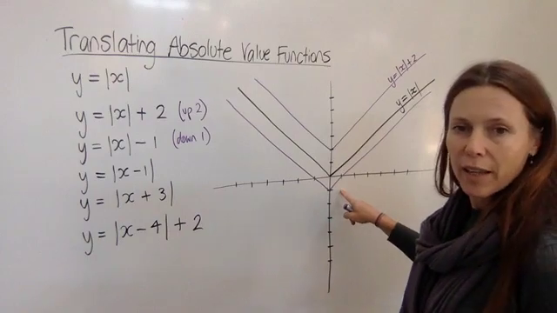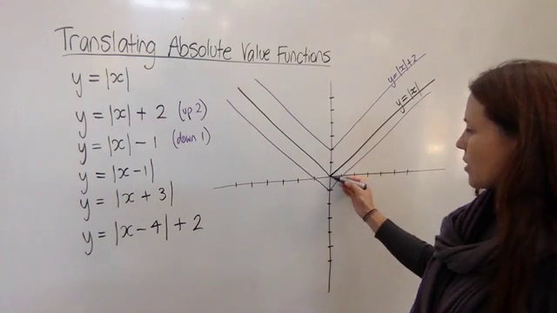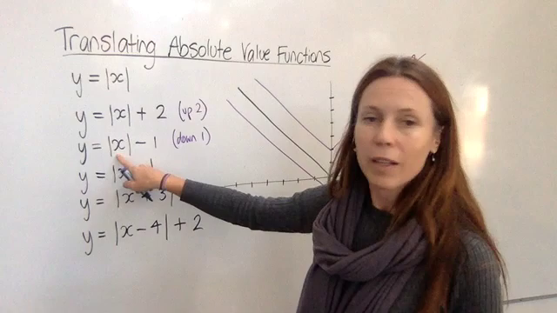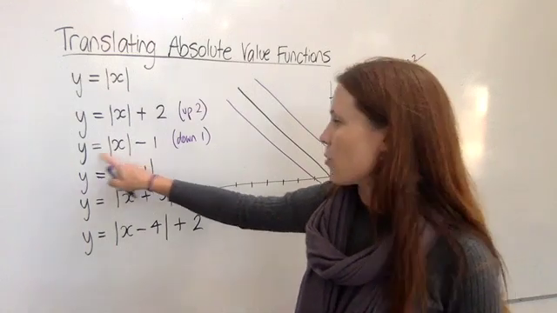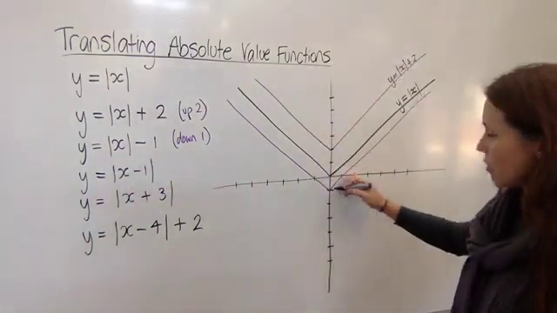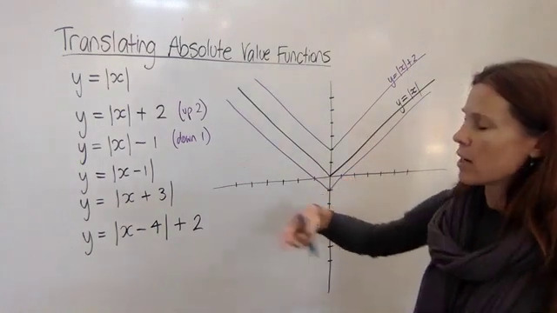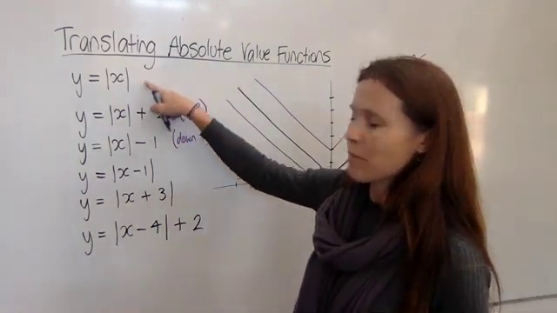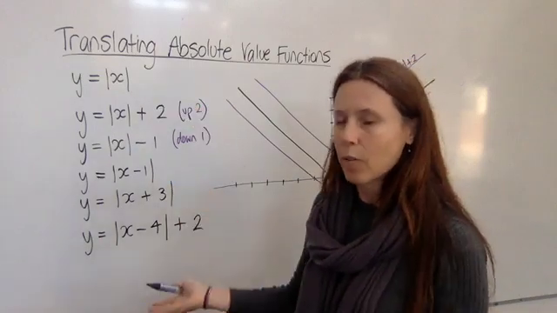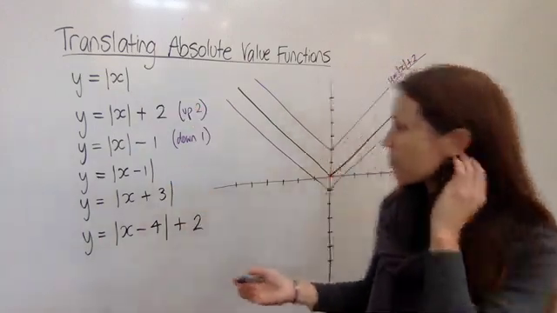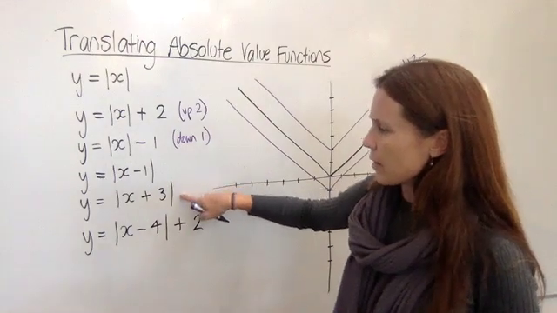And to work out that it can, let's sub in a value, say x equals 0. Absolute value of 0 is 0, so y will equal minus 1. And sure enough, it goes down there. So that's okay. You just need to understand that the ones that haven't been lifted up or down aren't going to go below the y-axis. Sorry, the x-axis.